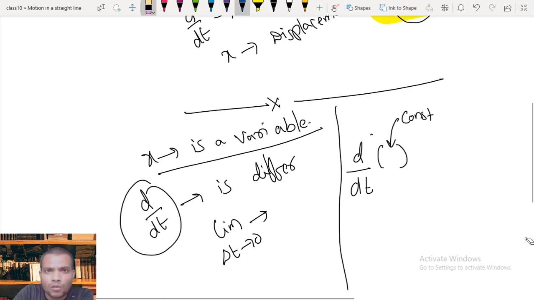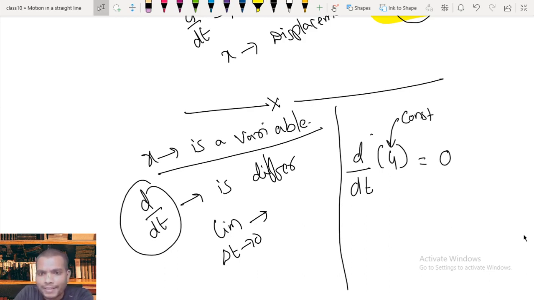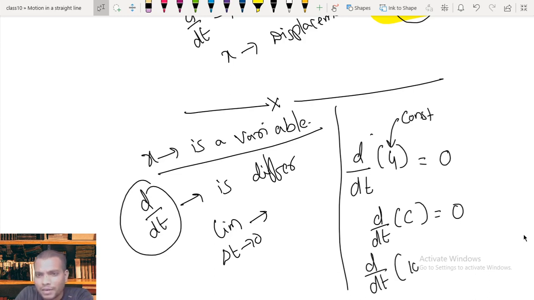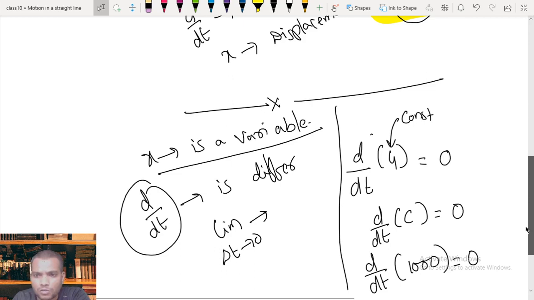The constant always remains the same, so its differentiation goes to 0. In formula form, d by dt of constant c equals 0. If you differentiate any number, even 1000, the value always goes to 0.